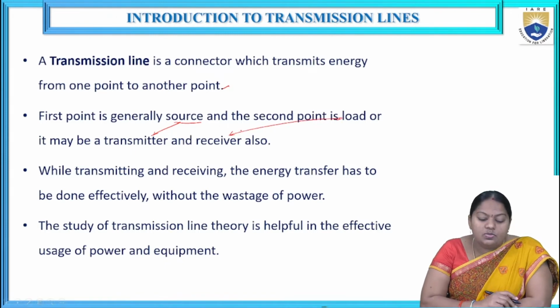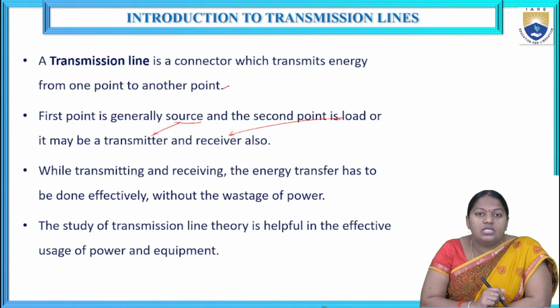Okay. So a transmission line is a connector which transmits energy from transmitter to receiver, or from source to load. While sending the information from one point to another point, the energy transfer has to be done effectively without wastage of power. This is the main criterion which we are going to consider in transmission lines.